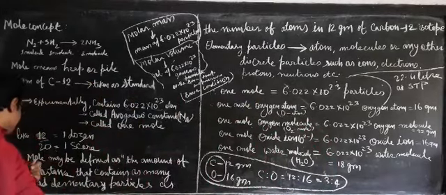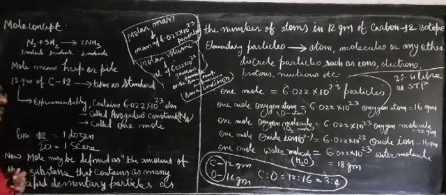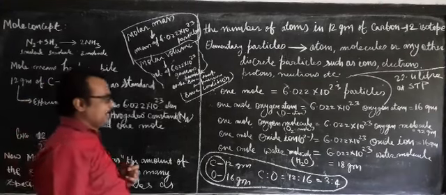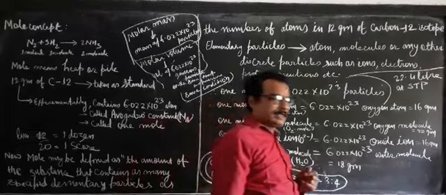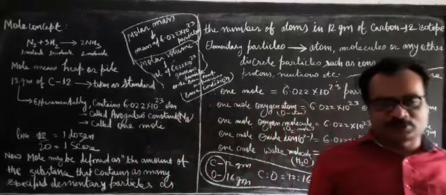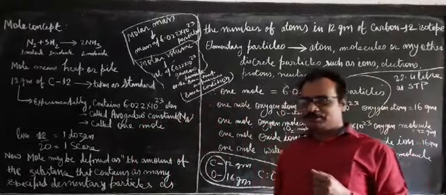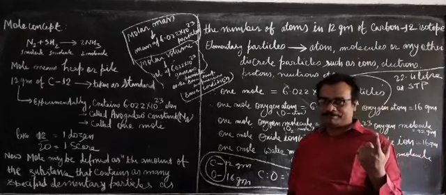What is standard temperature? That is 25 degrees Celsius. What is pressure? That is 1 atmospheric pressure. What is STP? Standard temperature and pressure.